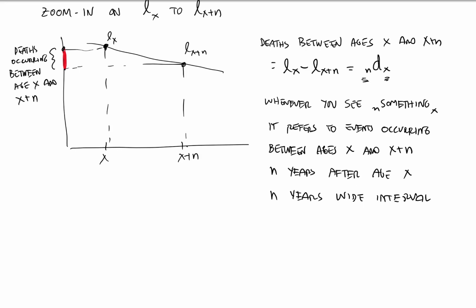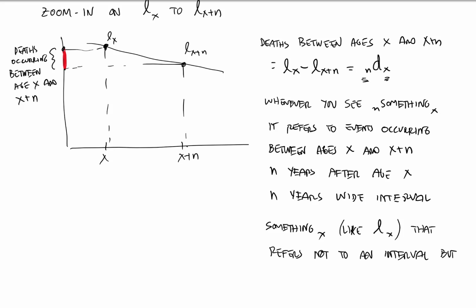and now I should say, when you see something that looks like something sub x, like L sub x, that refers not to an interval, but to a point in time.